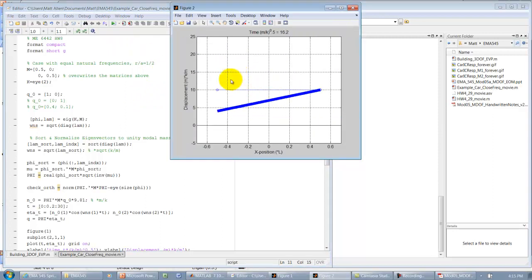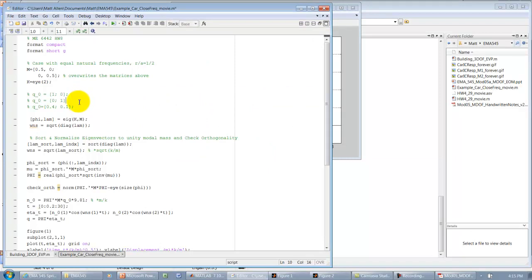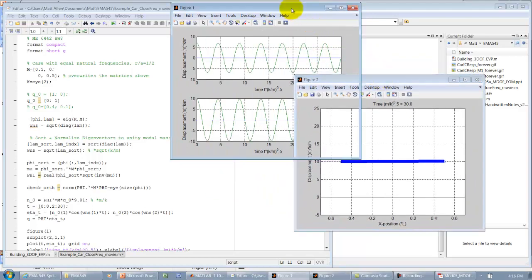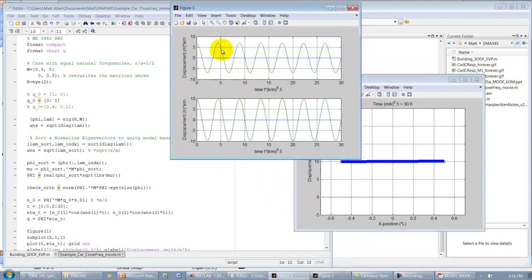So the system stays in the same shape in which we initially deformed it, and it just oscillates a certain number of cycles. And if we change the initial condition now and run this again, we get a different shape, but still a nice harmonic motion of the system. You can maybe see that harmonic motion easier in the time response here. It's just a pure sinusoid.